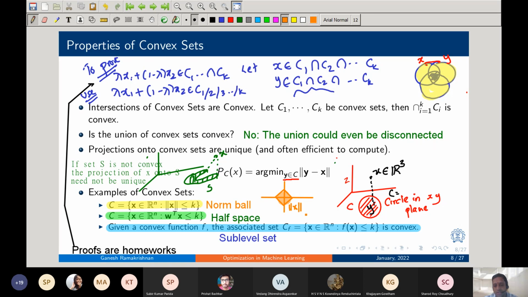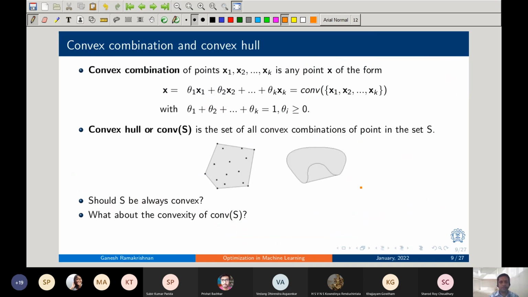This is basically saying that the L1 norm of x is less than or equal to some fixed value k. Questions? Okay, if there are none, let's look at more examples.